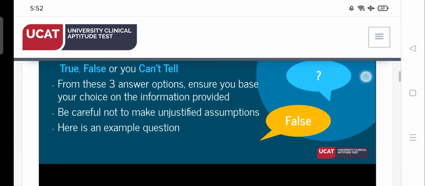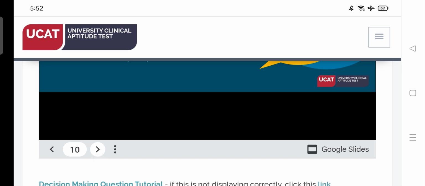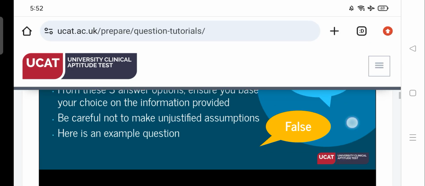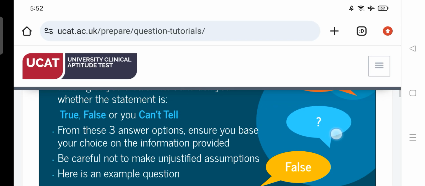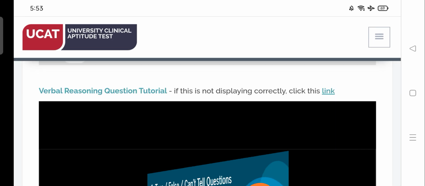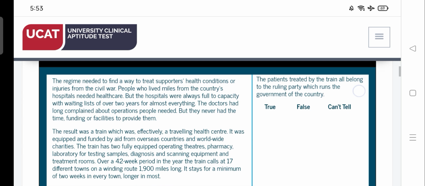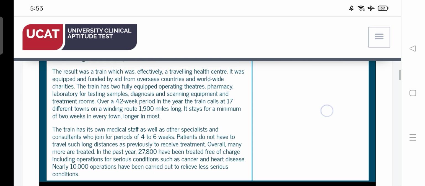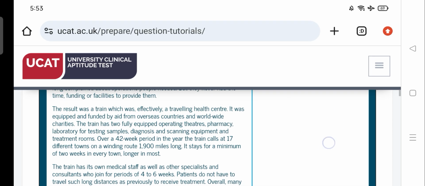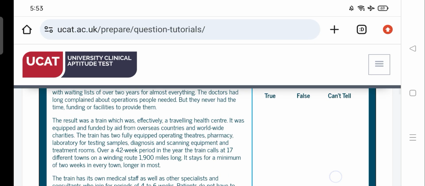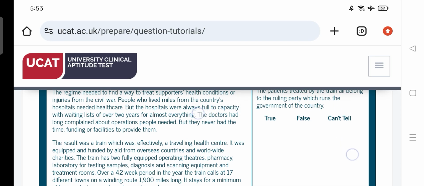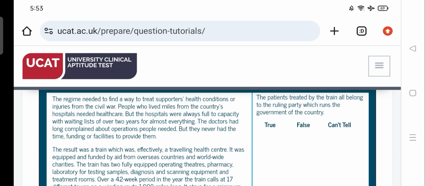Here is an example question. Paragraphs will be given to you, and not just a single paragraph, a single passage. Two to three passages will be given, and there is a statement, and true, false, can't tell. Three options are given.